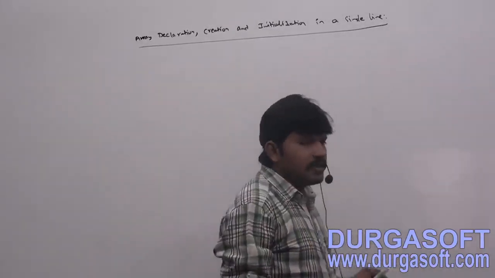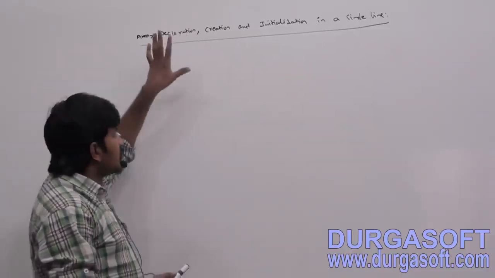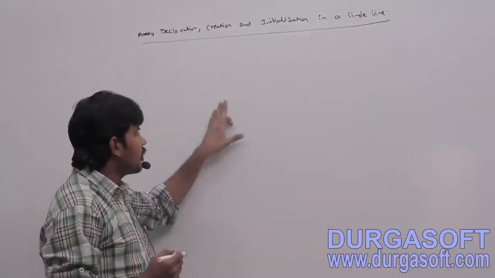Have you observed? It is one shortcut representation for us. You can declare, create, and initialize in a single line. It is one shortcut representation, right?